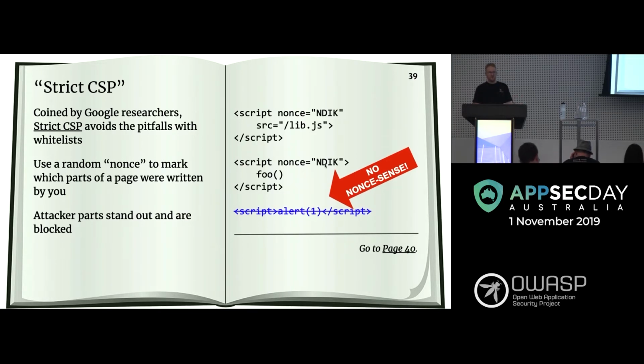I mean, they might know this one because it's 42 base64 encoded, but you might have a more secret one than mine, because a secret is better than a not secret. Anyway, when the browser loads this page, it will only run the scripts that have the correct nonce on them, and it won't run any other script tags. So if an attacker manages to get a script alert into your site, it won't run it because it doesn't have the right nonce.